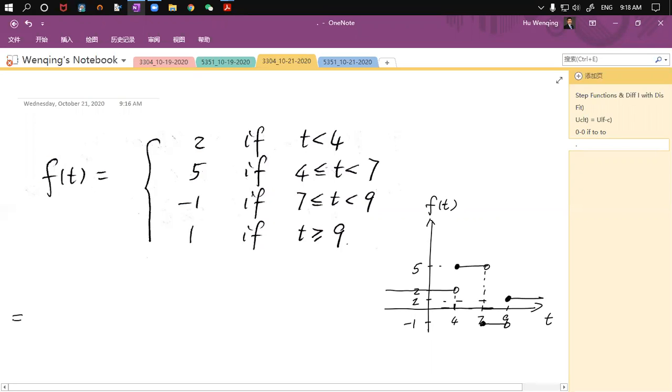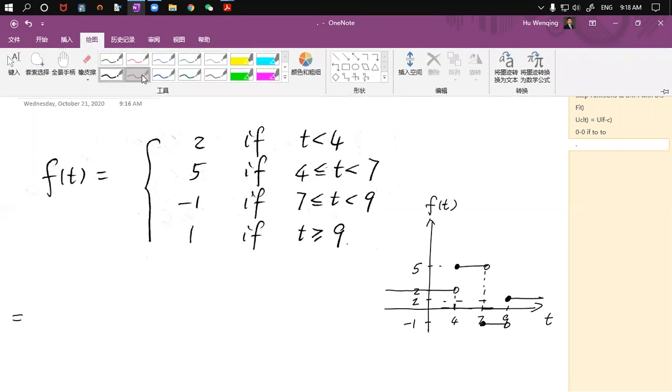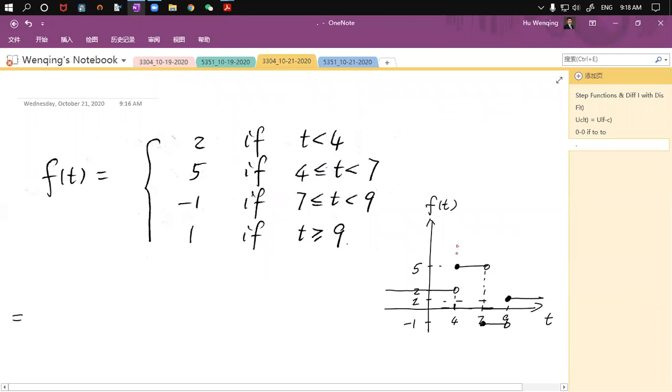Well, first of all, if you ignore the several jumps of the function after time 4, and let the function before 4 extend, then this is nothing but 2. The first component is identically equal to the constant function 2.